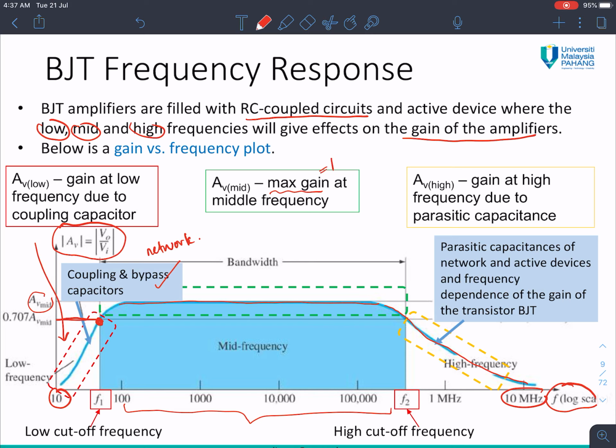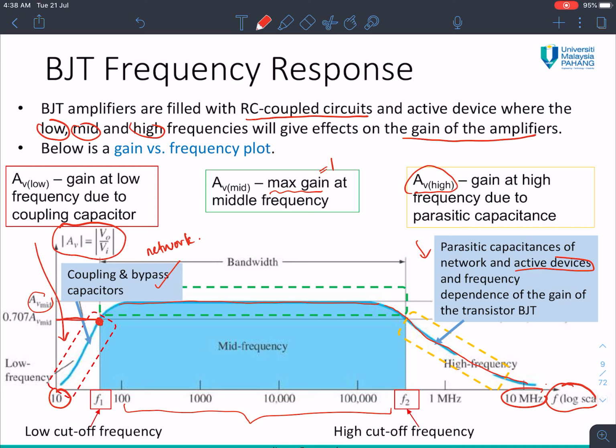Then Av high is the gain at high frequency due to parasitic capacitance. Okay, the gain is dropped again from here. So this is because of the parasitic capacitance of the network and active device.